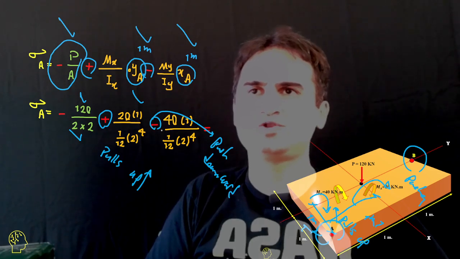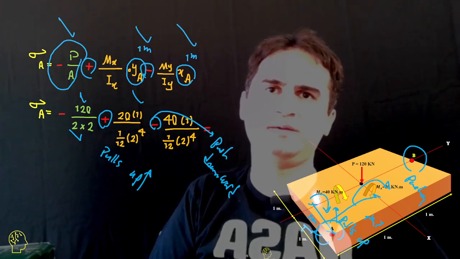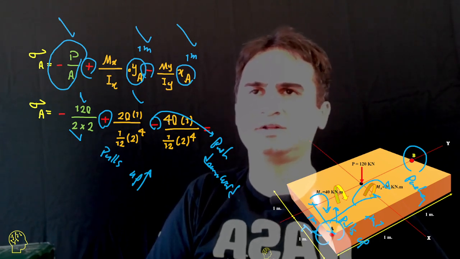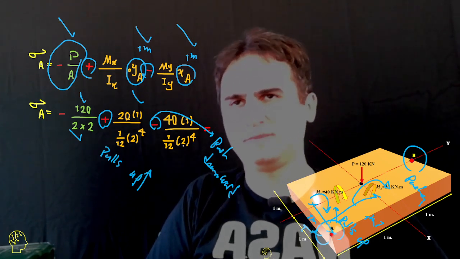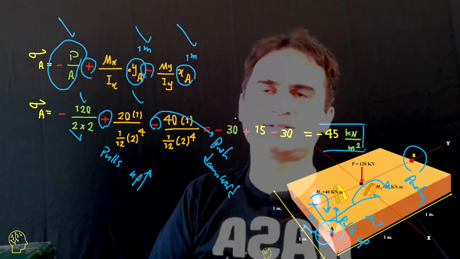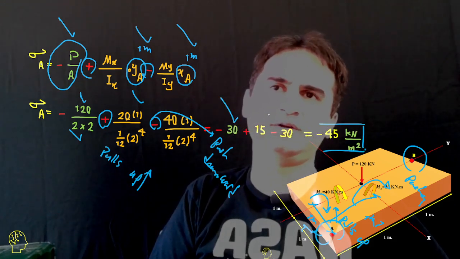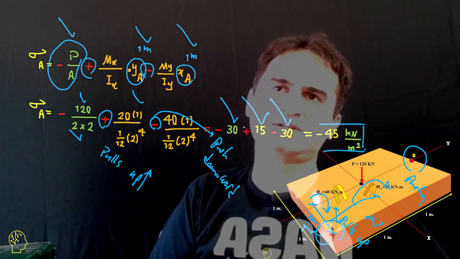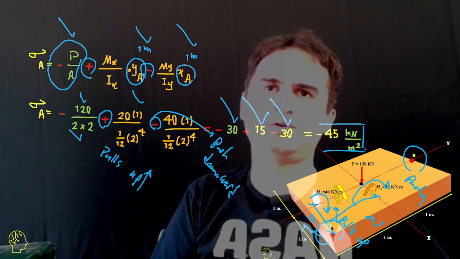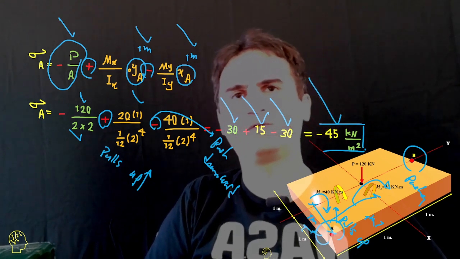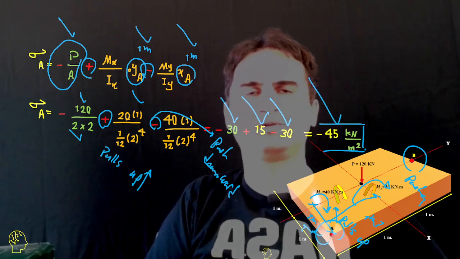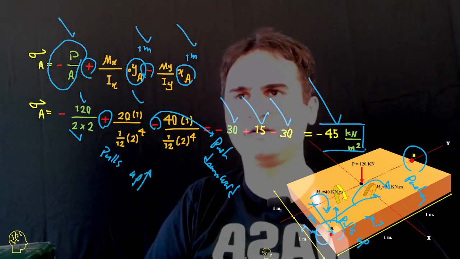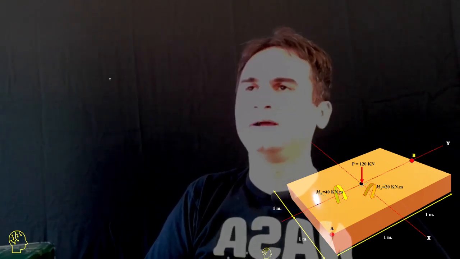Then a negative push downward from My, which pushes point A, that's negative 40 times 1 over 1/12 base times height cubed again. It turns to negative 30 plus 15 minus 30. So it gives us a total of negative 45 kilonewtons per meter squared, which is a push downward by the amount of 45 kilonewtons per meter squared.